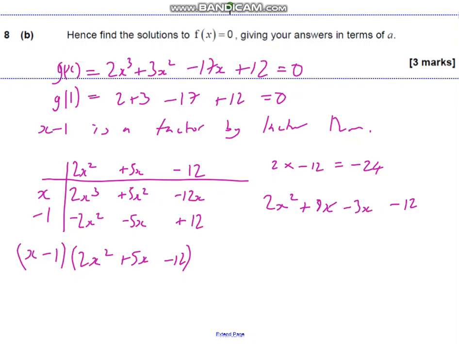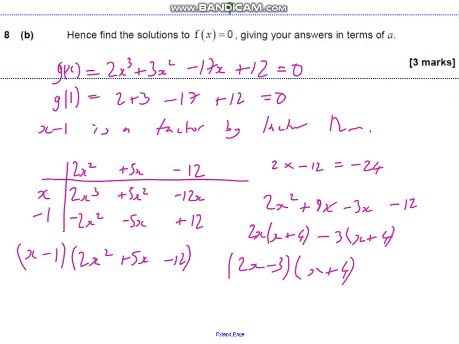I can now do the factorizing on both of these, so that gives me 2x, x plus 4, minus 3, x plus 4. The x plus 4s are in both, so we can now collect this together. So I've got 2x minus 3 and x plus 4.